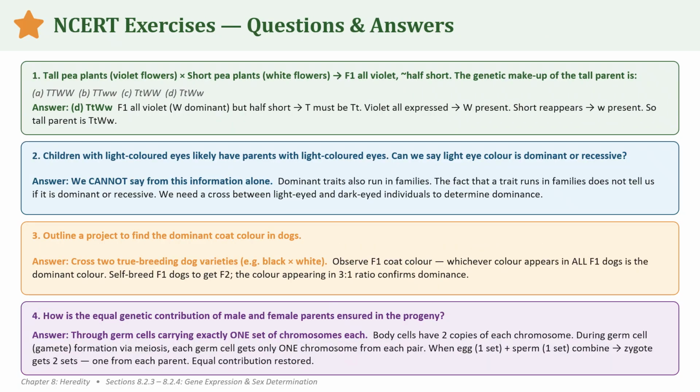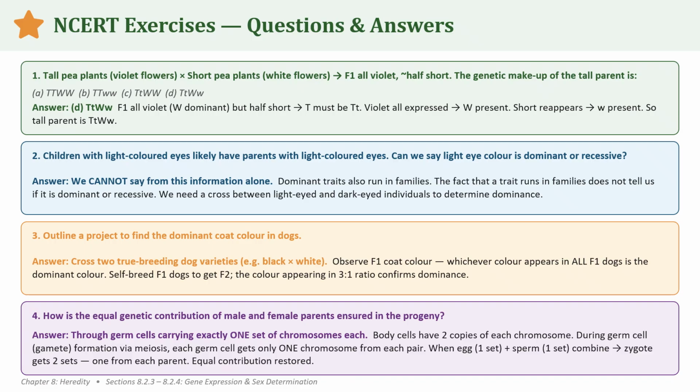So here are some NCERT exercises, that is question answers from your book. Tall pea plants with violet flowers, when crossed with short pea plants with white flowers, all F1 will be violet and tall. So the genetic makeup of the tall plant is, which one is dominant? Because all F1 are violet, W is dominant.